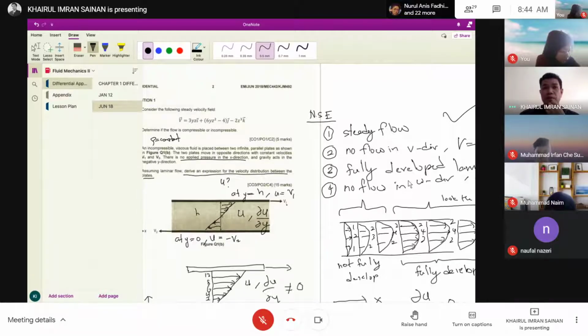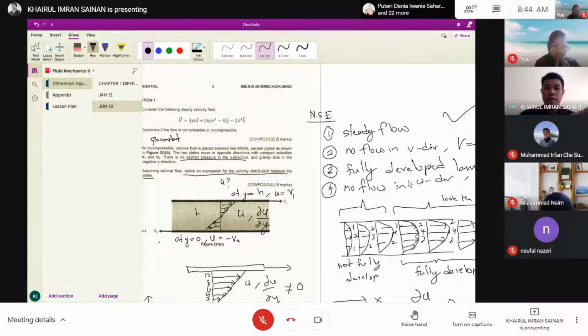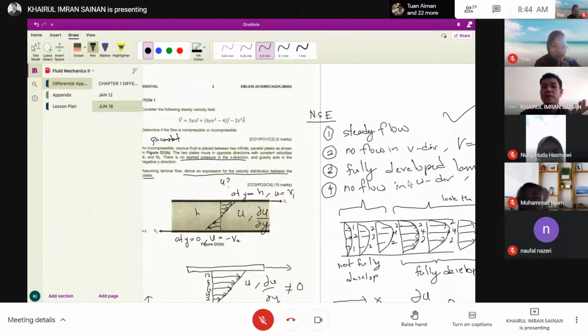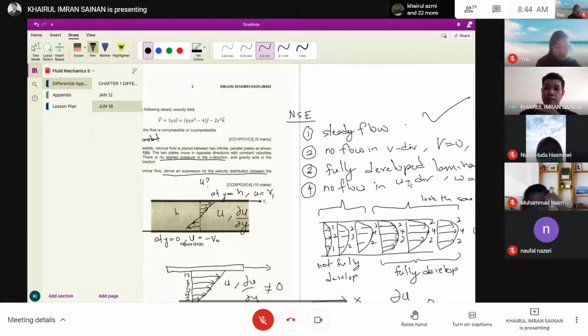Because of V1 and V2, for this case, it's going to be the same, right? So this profile will look the same at 8 o'clock, 9, 10, 11, 12. So basically, it's going to be a steady flow. So that is assumption number one.